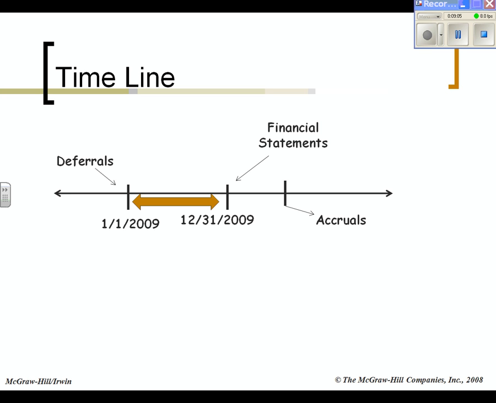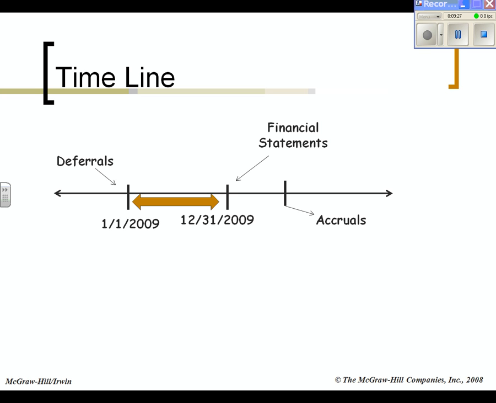So the accounts payable clerk will look at that invoice and they'll record the expense into the proper period, for 2009, but they'll record a payable. So we're not going to pay it until 2010, but I need to get that expense into the proper year.